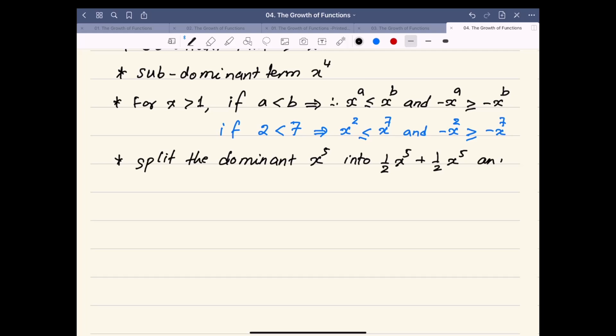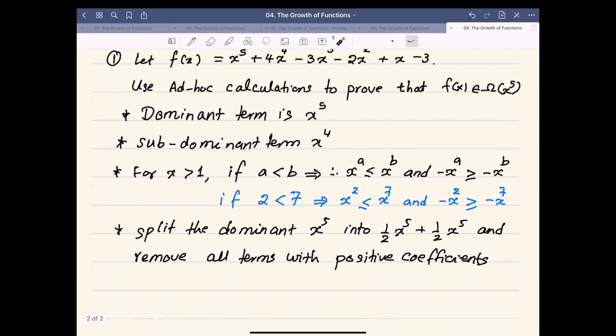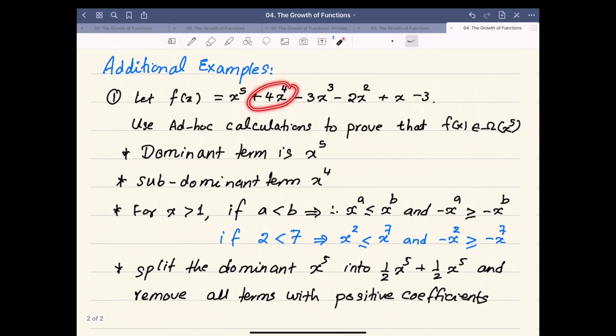At the same time, we are going to remove all terms with positive coefficients. And what are these terms in our example? In our example, these terms are this 1 and this other 1.